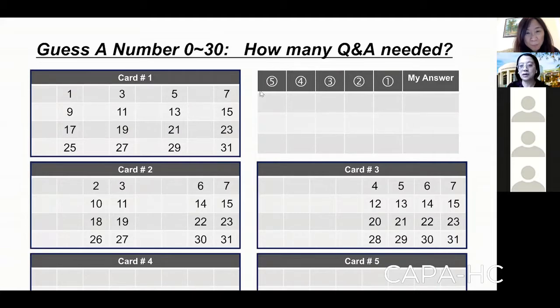And so today I will start with playing this game, but with a reverse role. I actually have a piece of paper here. I'm not going to show you yet. I've already written down a number in the range of 0 to 30.